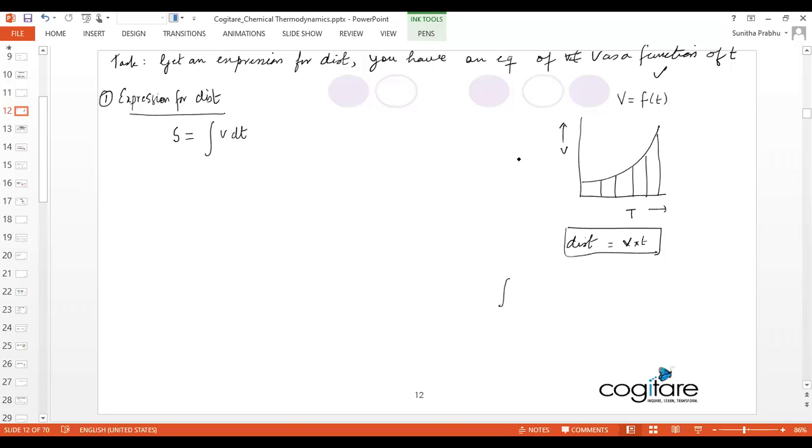Now imagine I have a force and distance curve, force versus displacement. What can I get from a graph like this, a force versus displacement graph?